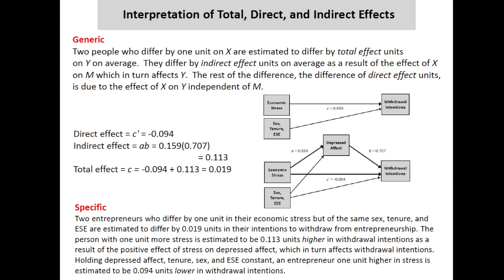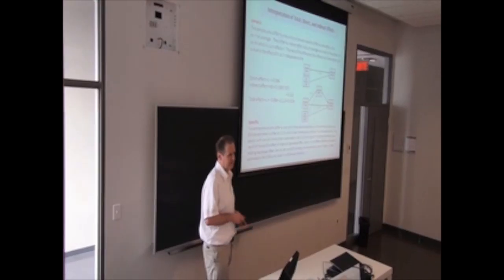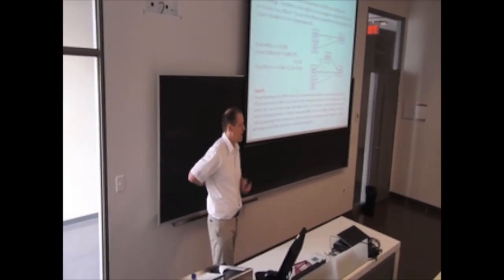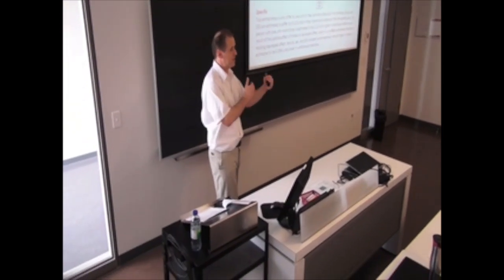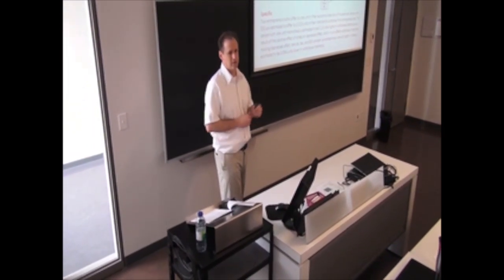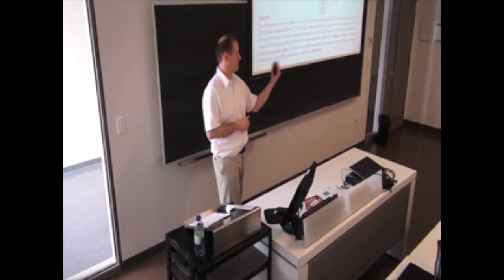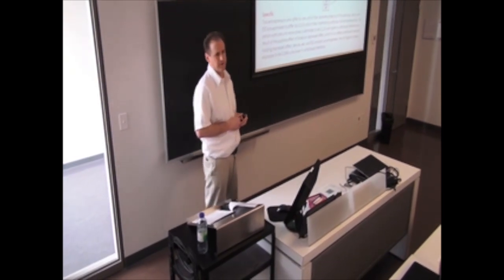So let's shift to inference. We have 2 effects that primarily are of interest to us, although some people care about the total effect. Focus on the total effect in 21st century mediation analysis is not as common relative to the 20th century. So there are primarily 2 effects that we care about: the direct effect and the indirect effect. We can get the total effect from the 2 of those.